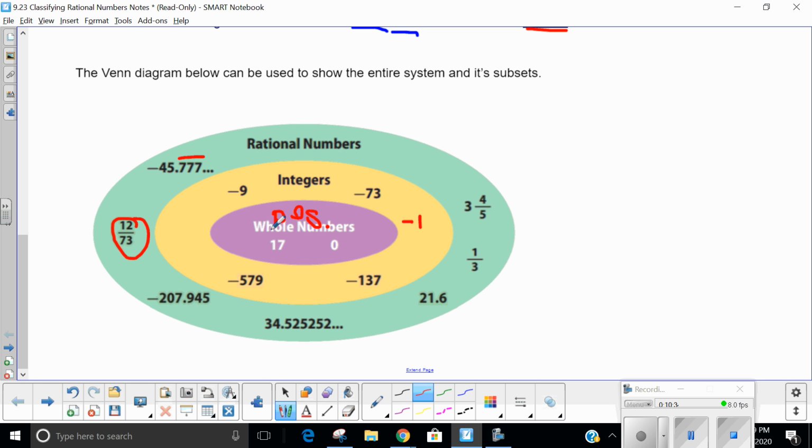So whole numbers are always positive. If you have a negative whole number, then you know it goes into integers because that's a larger group, because that includes all negatives and positives. When we go inside, this group gets smaller and we're only talking about positive numbers.